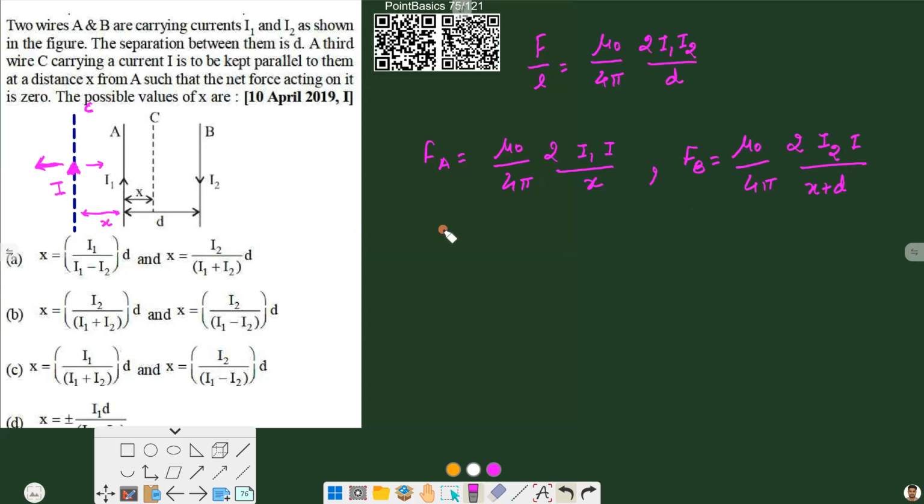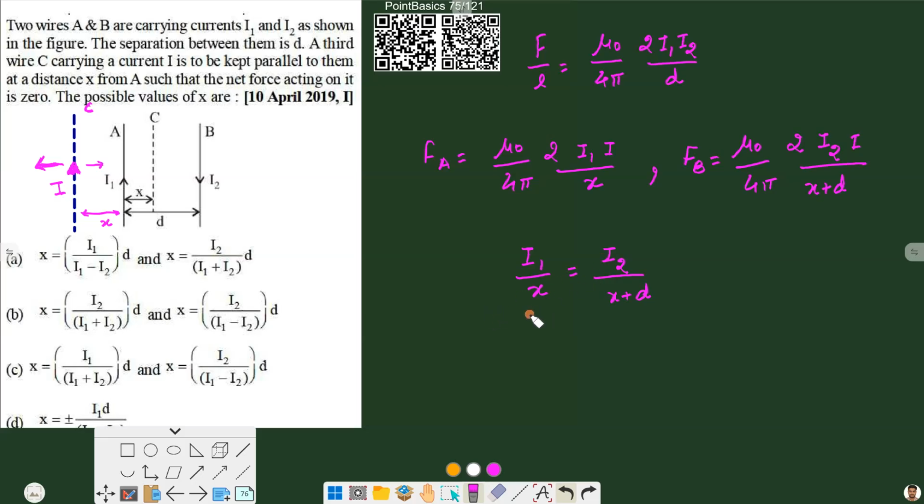Now equating both of these, mu naught by 4 pi gets cancelled, 2 gets cancelled, and I also gets cancelled. So we are left with I1 by x is equal to I2 by x plus d, and from this we have to find the value of x.